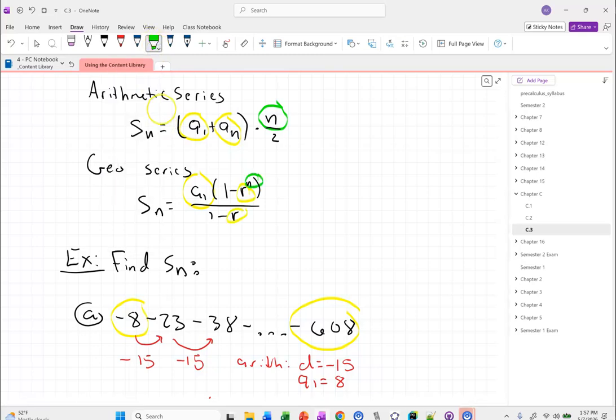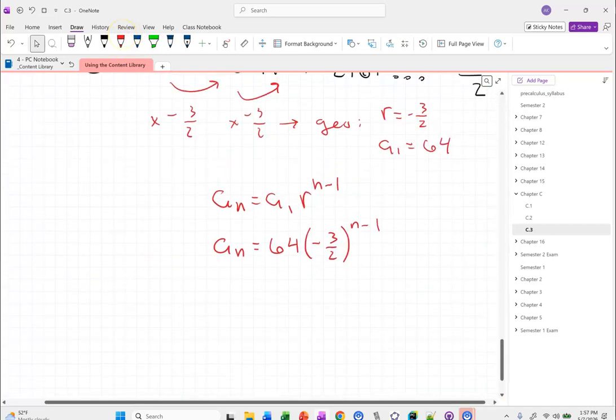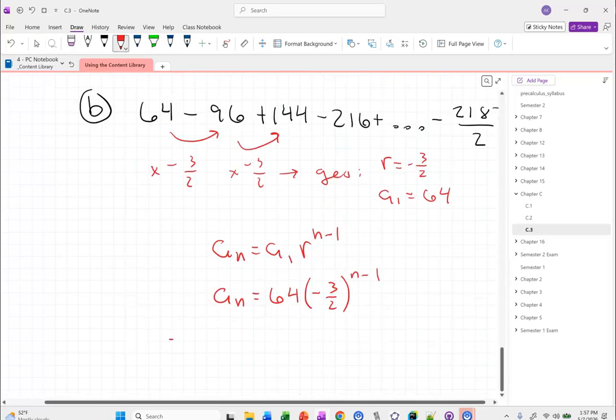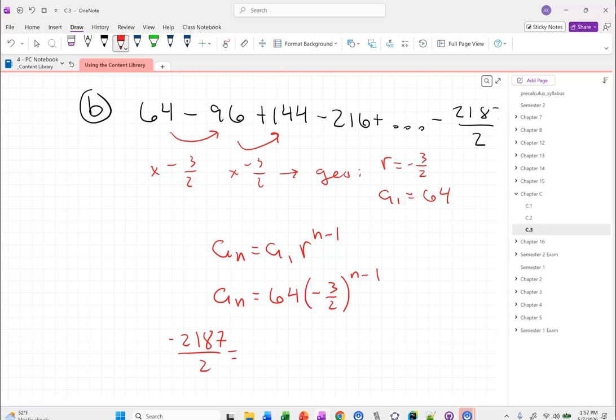What we don't know yet is the n. How do I find that n? Well, I'm going to plug in the last term of my sequence and solve for n.